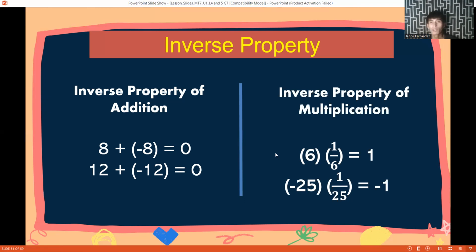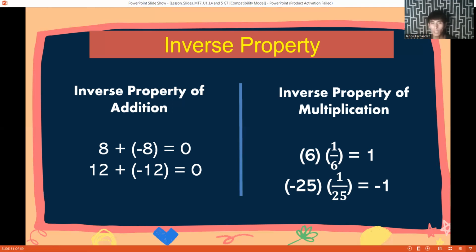So we have commutative, associative, distributive, identity, and inverse property sa ating operations on integers. Now, you can have a review of these things and try to analyze it clearly, so you can have the basic foundation and the fundamental of integers na kailangan yung gamitin sa mga susunod nyo pang year 11.